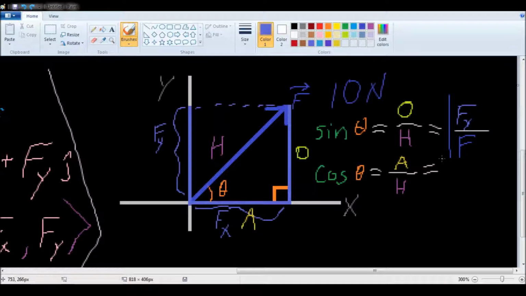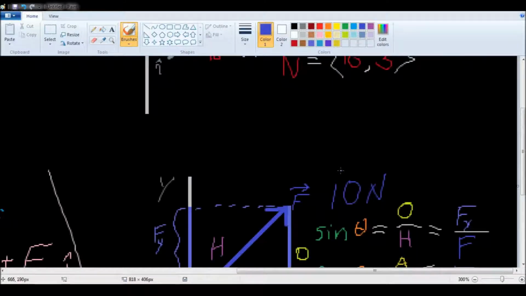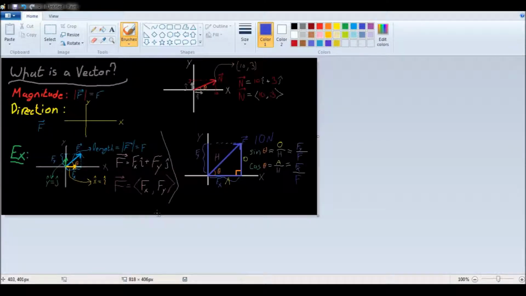Let me get rid of that extra line real quick. So I'll write that as Fx over, and again, our hypotenuse is just F.